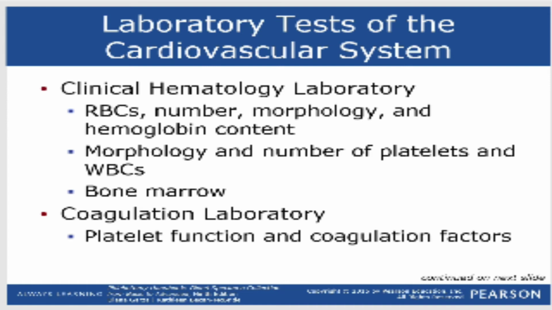Whatever test you're doing is going to determine what color tube you use to collect your specimen, and we'll get into that more in a later chapter. Remember that a CBC is a complete blood count, so it tells how many of every type of cell that you have. And you can also order a differential on that, which will tell how many of each specific type of white blood cells you have.